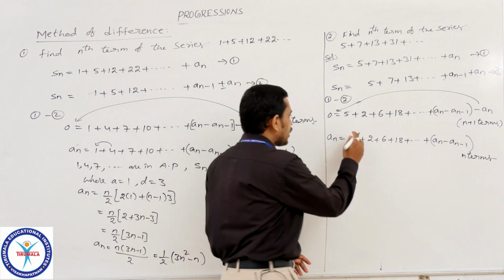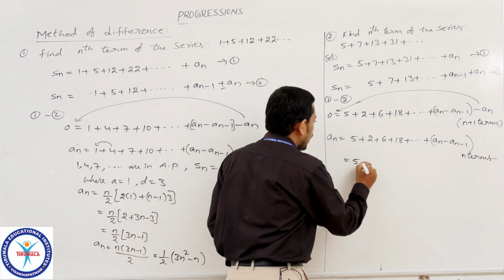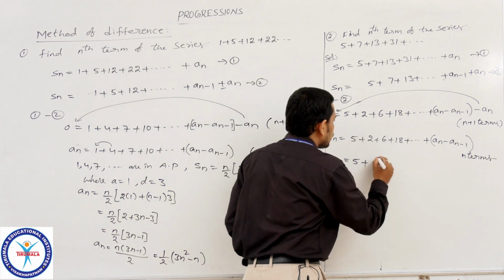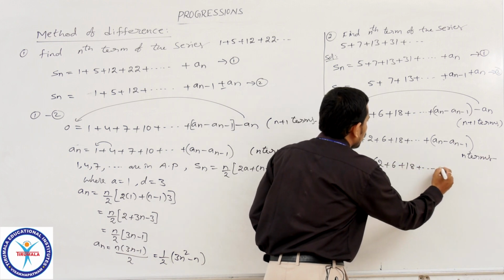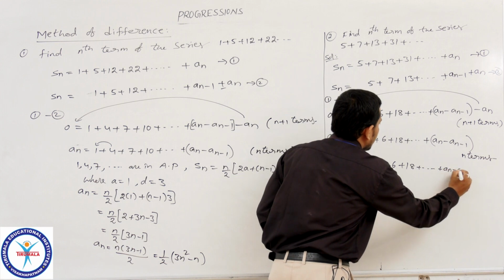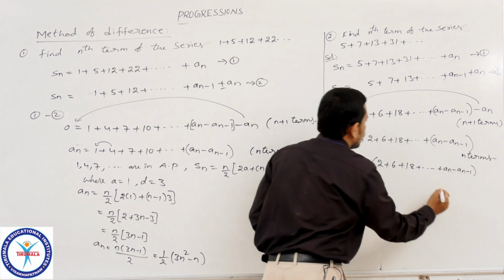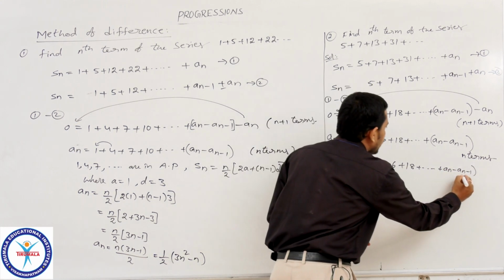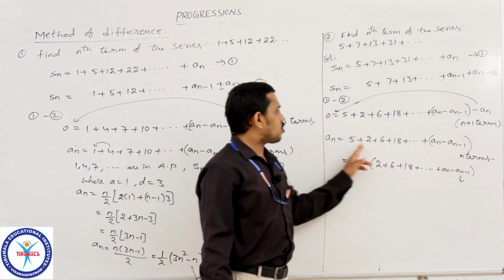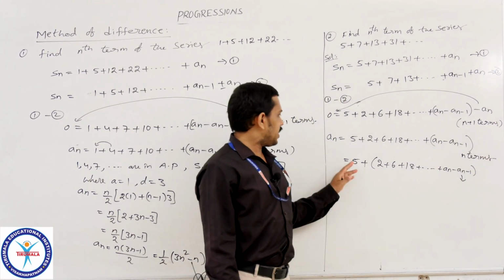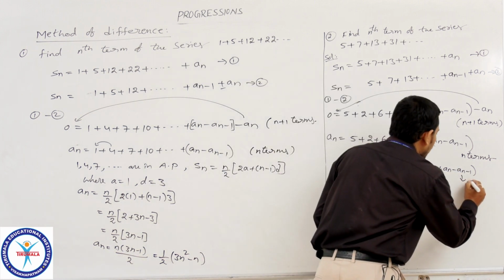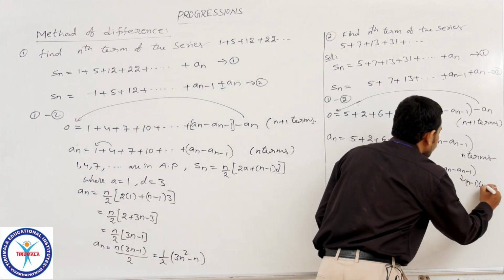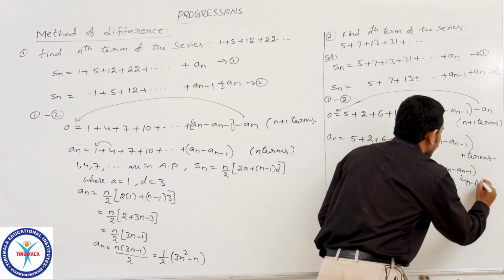Therefore, we can exclude the first term, 5 plus, then take this as one sequence: 2 plus 6 plus 18 plus and so on plus An minus 1. In this sequence, how many terms are there? Total number of terms is n, one term is excluded, so the number of terms is n minus 1.